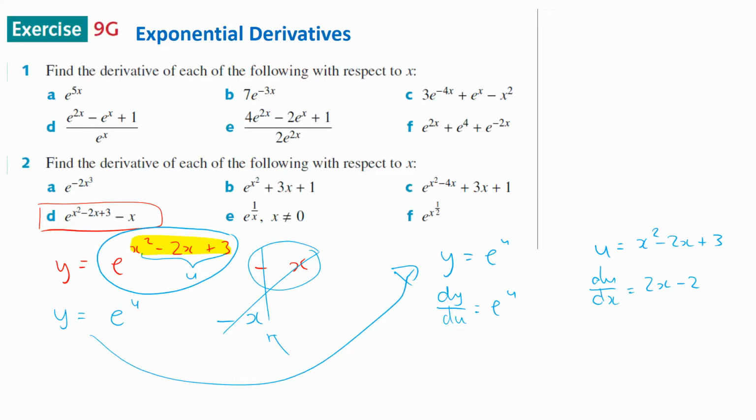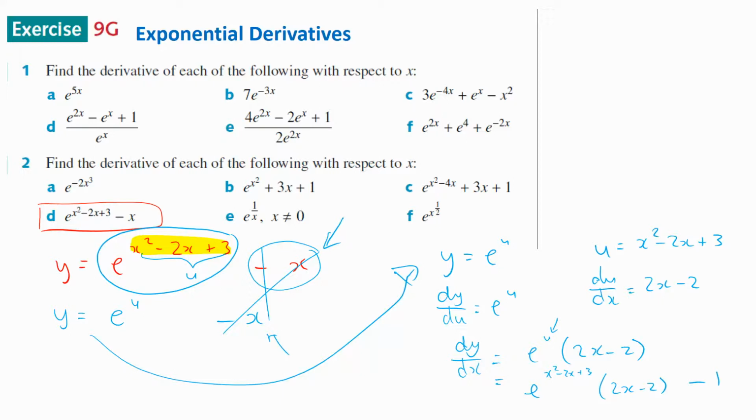So, putting them together, dy/dx must equal to multiplying these two together, so it's e to the power of u times 2x minus 2. Okay? And we can't leave it as u, so we're going to rewrite it as e to the power of x squared minus 2x plus 3 multiplied by 2x minus 2. But don't forget, you had to also include the derivative of minus x, which was minus 1.